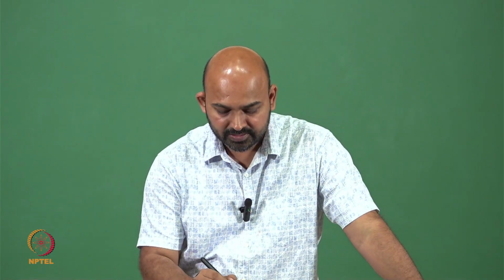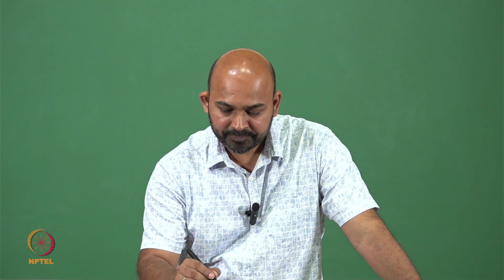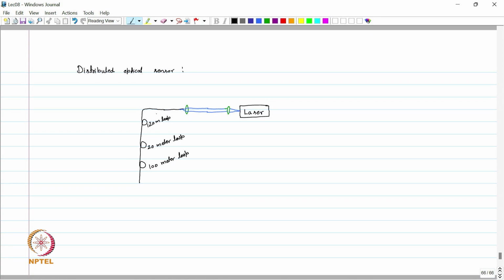So we can intercept this path in between, where this lens is sending the high intensity light as well as receiving the small amount of photons which are reflected back.